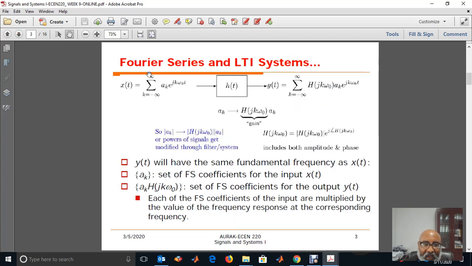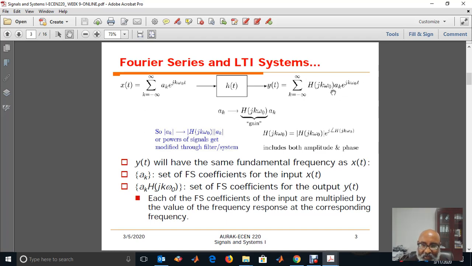Now, if I have a periodic signal input to my system, which is represented by the sum from k equals minus infinity to infinity of a k e raised to jk omega naught t, where omega naught, as you know, is 2 pi divided by the fundamental period T. Then the output is the sum from k equals minus infinity to infinity of H of jk omega naught times a k e raised to jk omega naught t.